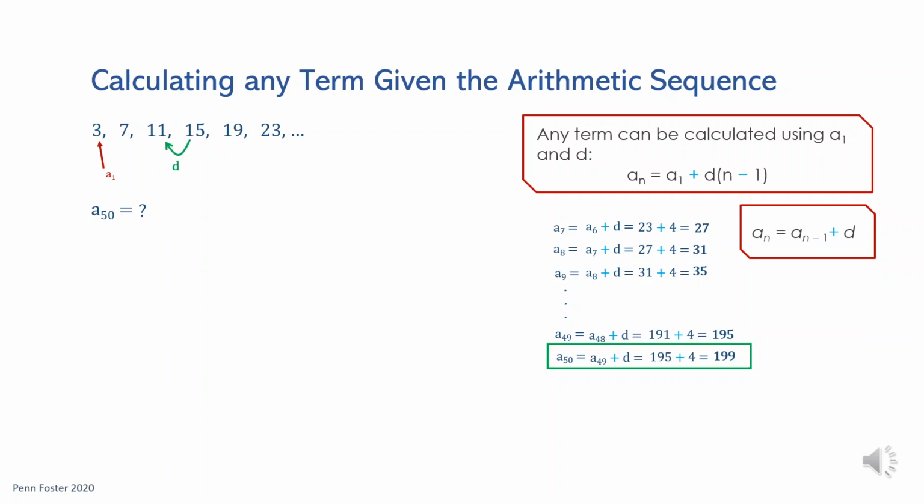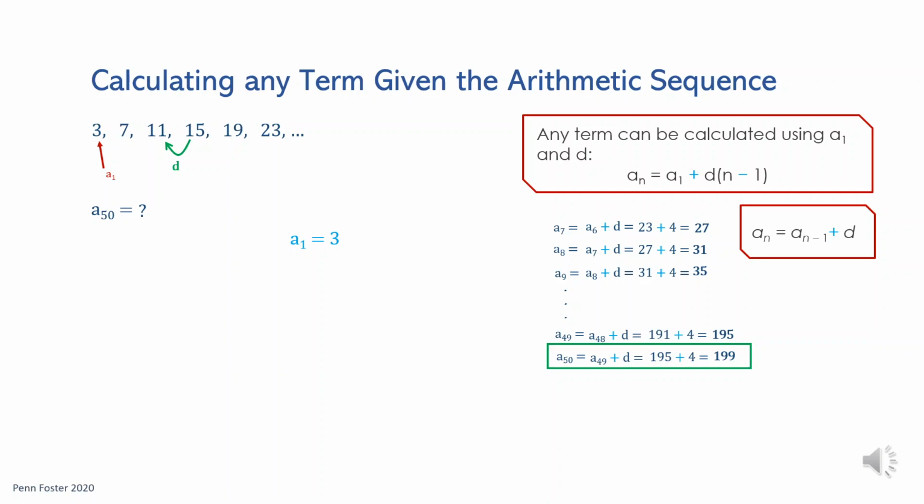Let's try that to find a sub 50. Looking at the above sequence, a sub 1 obviously is 3. D is found by subtracting any term minus the one right before it. Here, 15 minus 11 is used.